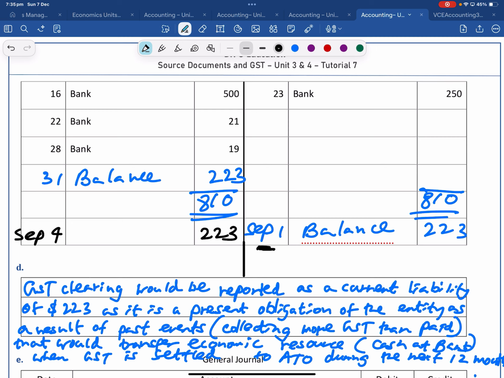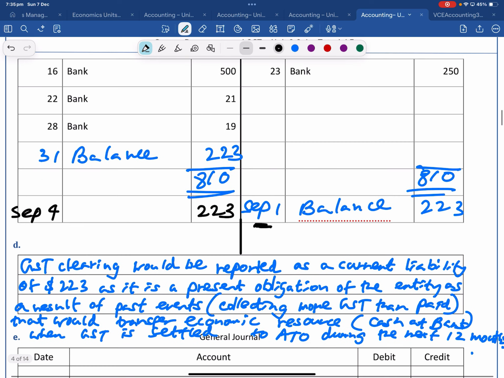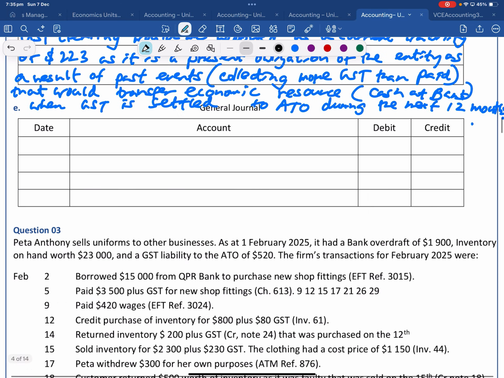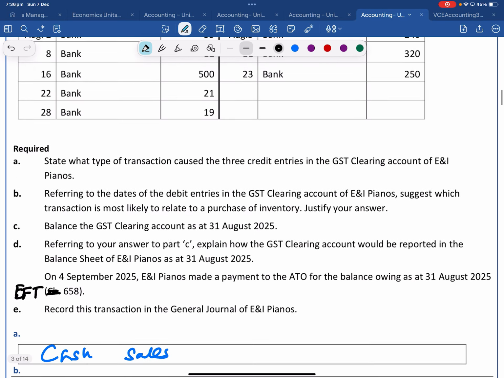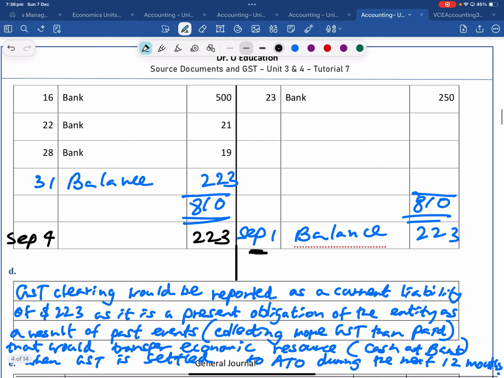So are you gonna draw up the GST clearing? You don't have a bank ledger account, do you? You are correct, bank ledger account I don't have. Bank will be created if you want. We can draw somewhere where we have space. Bank is created and then GST is debited.